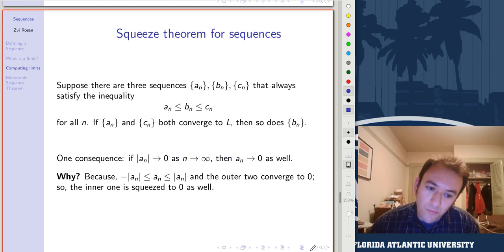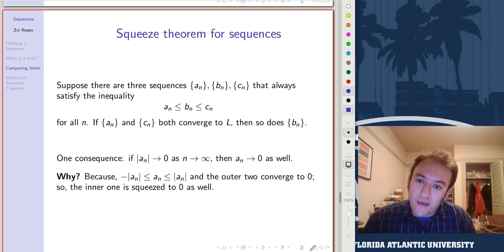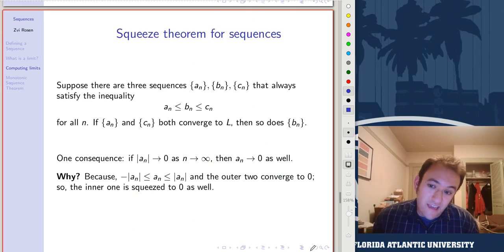Okay, here's one more theorem about sequence convergence. Suppose there are three sequences, a sub n, b sub n, and c sub n, that always satisfy the inequality a sub n is less than or equal to b sub n, which is less than or equal to c sub n, for all n. Then if a sub n and c sub n both converge to L, then so does b sub n.